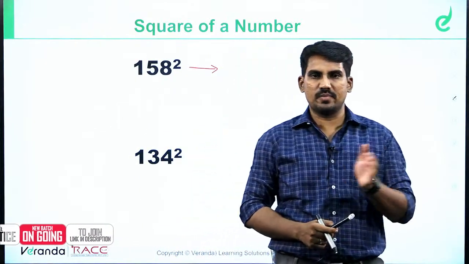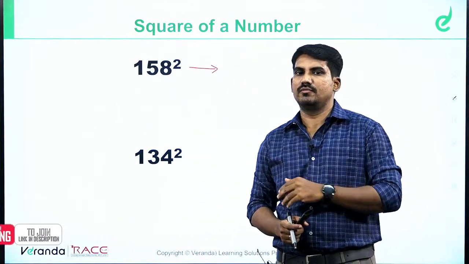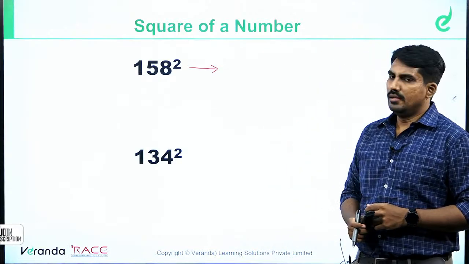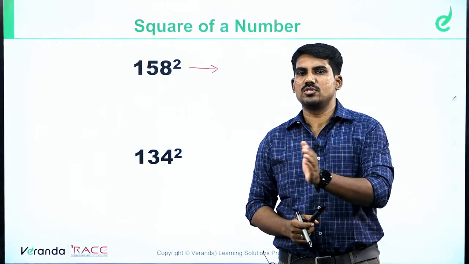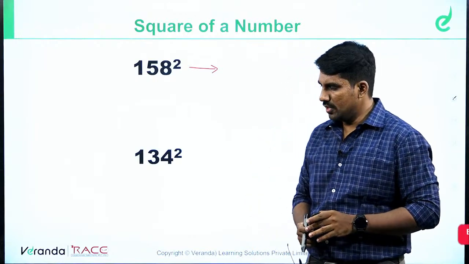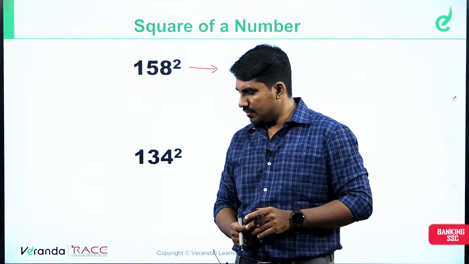Same: 8 separately, remaining 15 separately. Then 15 square, 8 square. Then 15 into 8 into 2. Then we have to add everything.